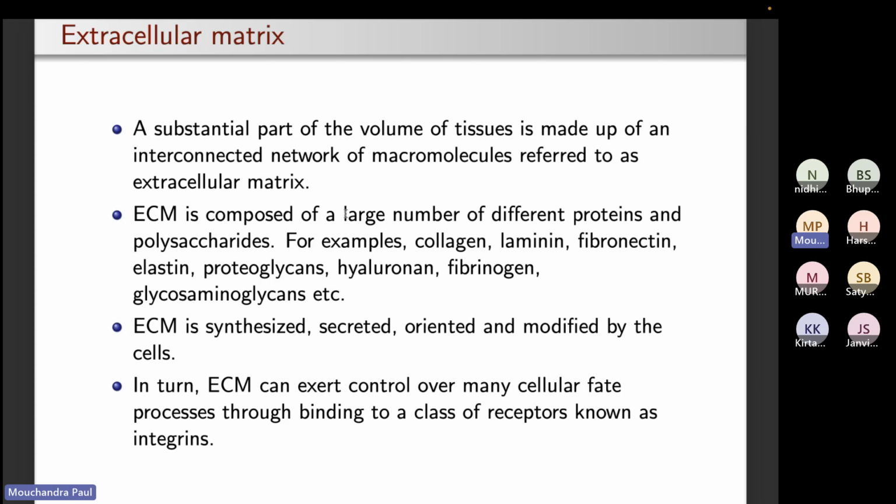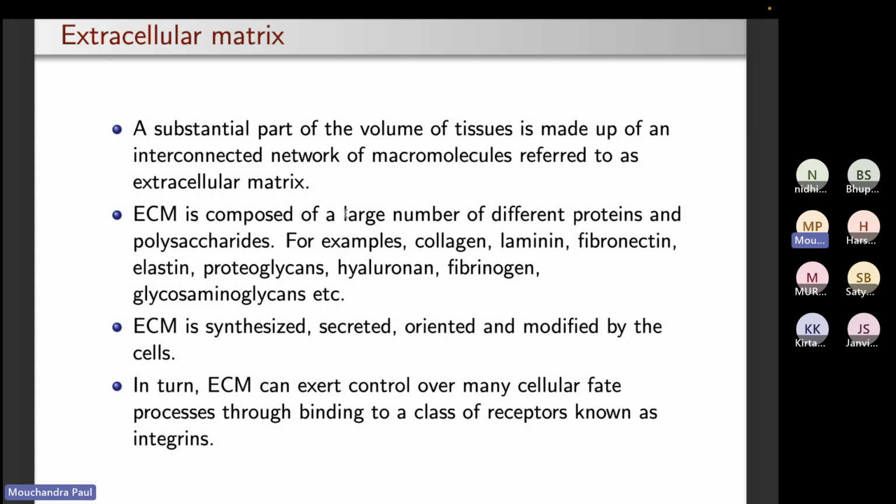Also, you will see that there are types of collagen, there are types of fibronectin like 1, 2, 3, 4. Okay, and percentages vary, how much collagen should be there, how much fibronectin should be there. This composition of ECM is unique to each type of tissue. So a skin tissue will have a different composition, whereas a liver tissue will have a different ECM composition. Why does it vary? Because of what kind of cells are there.